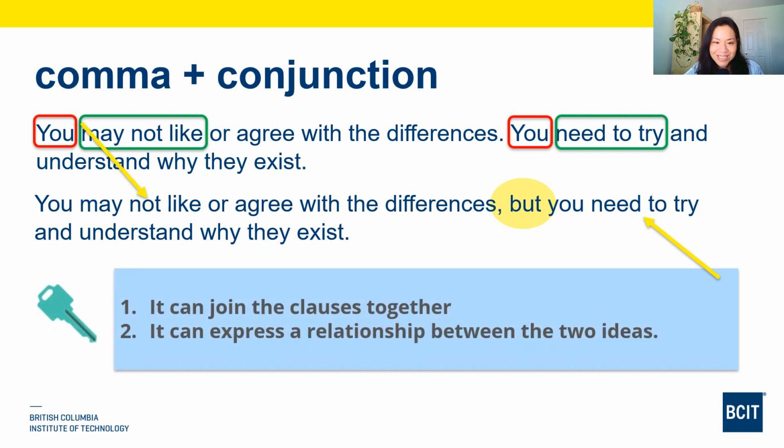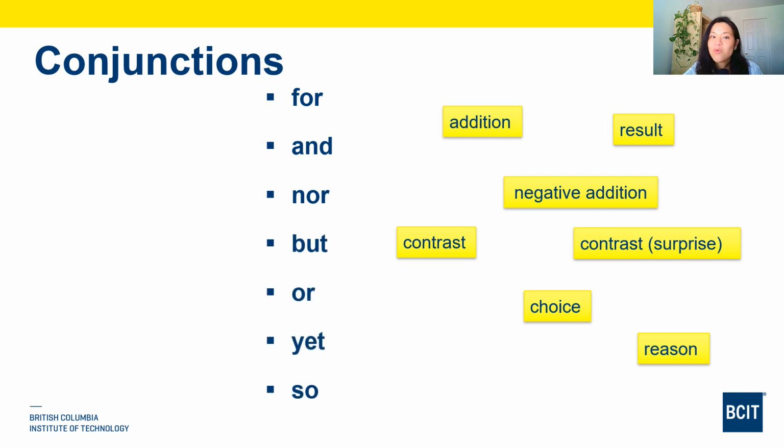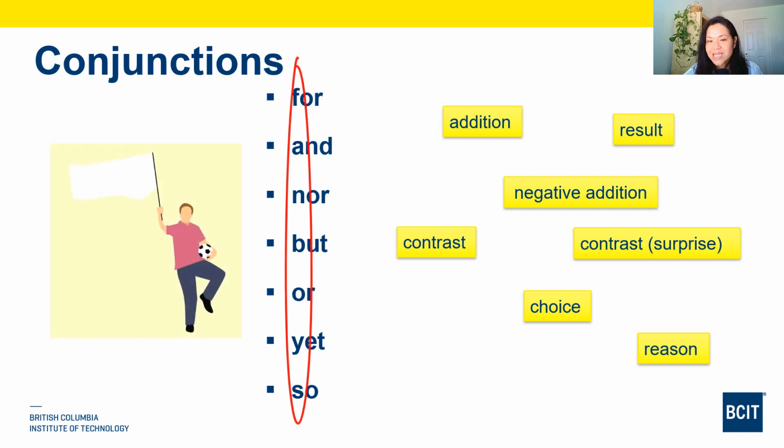It can join the clauses together, and it can express a relationship between the two ideas. There are 7 conjunctions of this type: for, and, nor, but, or, yet, so. One popular way that students can remember them all is that the first letter of each word spells fanboys.